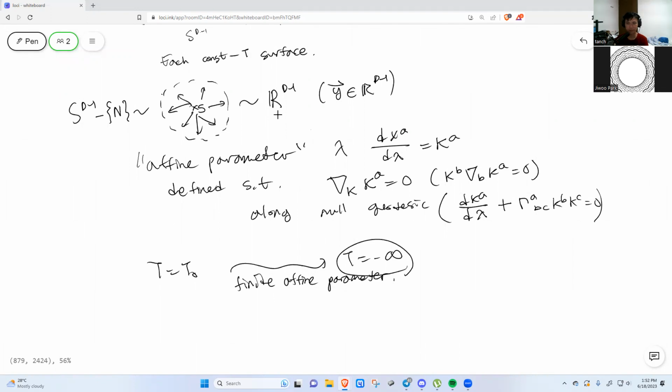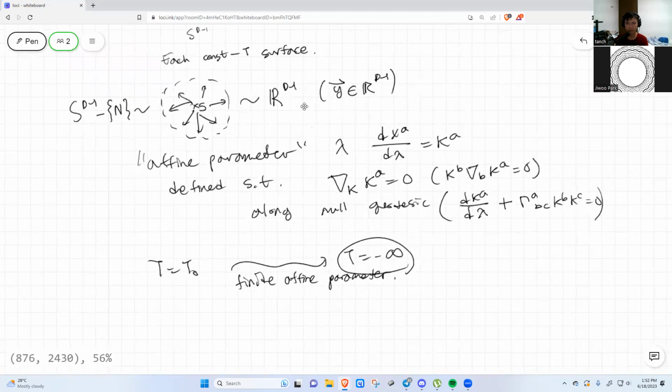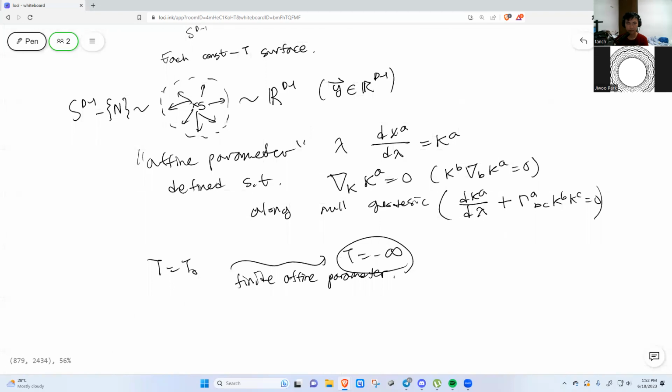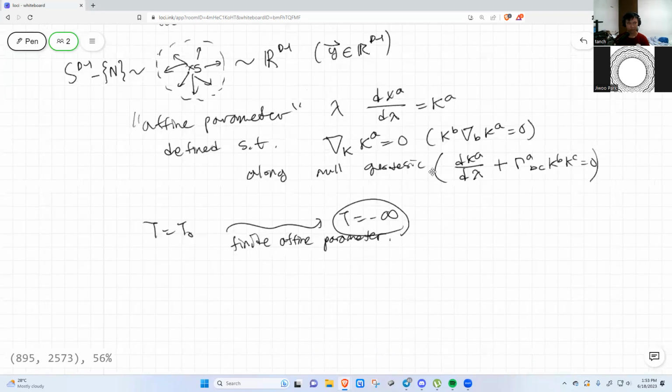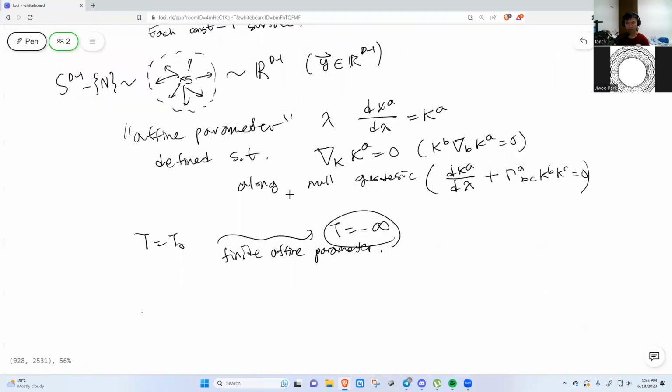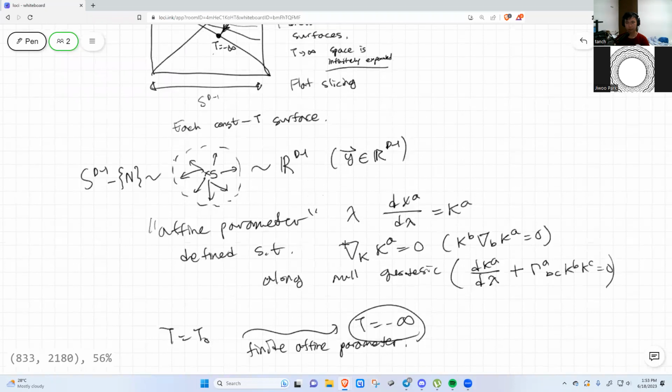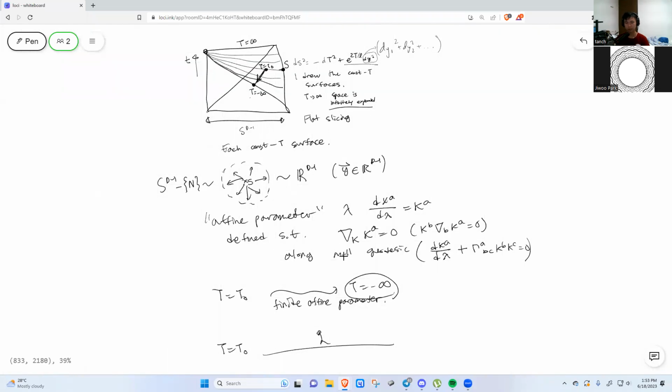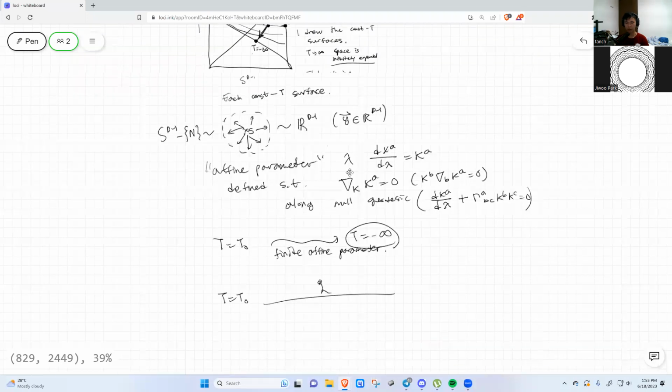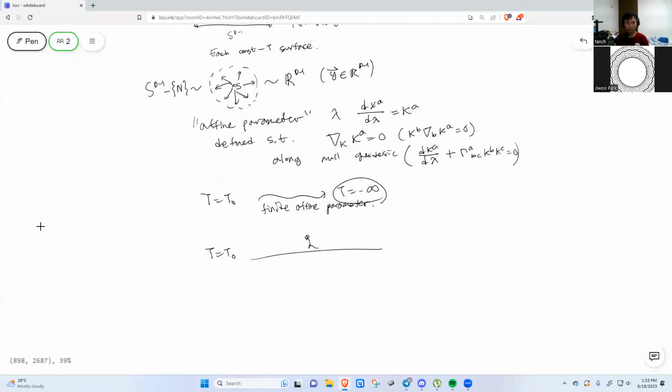And this is really interesting because assume that you are thinking entirely from the perspective of the flat slicing observer. You have t equals t0, and you're just standing there, and you know that the universe is expanding.